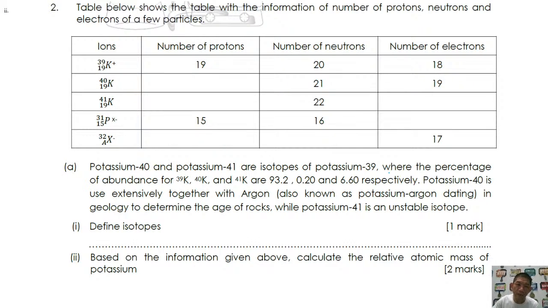Whenever you are given tables like this, if you have the leisure time, you may fill up the table, but you might want to consider the time that you have. In this case, since we are learning, let's together fill in the table and try our best to fill in everything. So in here, neutron 21, electron 19, and this is 19 potassium, so this one also 19.